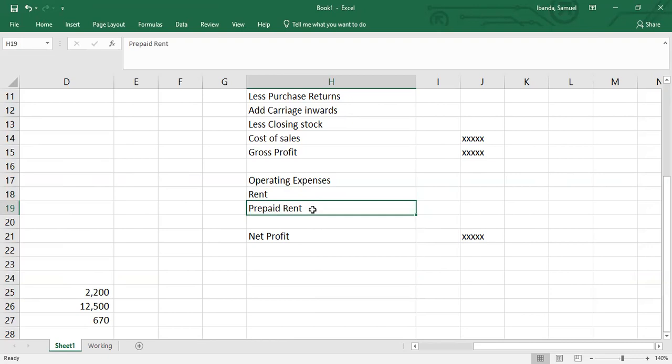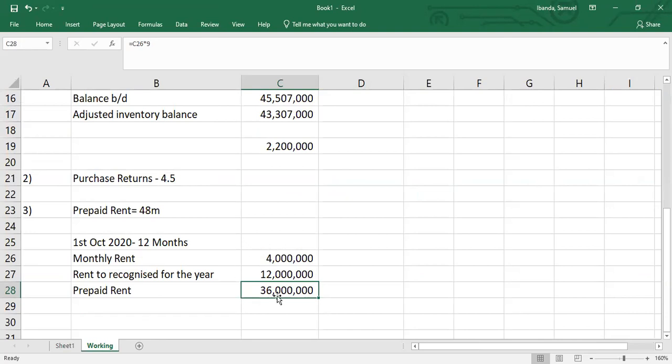Okay, from that principle, this 36 million, if we have been able to identify it here, needs to be added back, because we would have a better profit than what we reported earlier because of this prepayment. Like we're saying, the higher the prepayment, the lower the expense, and lower expenses give us a higher profit.